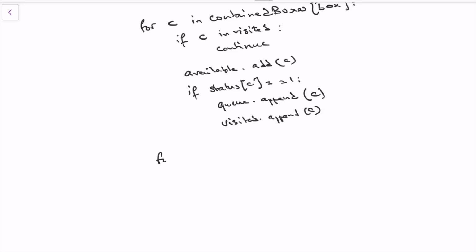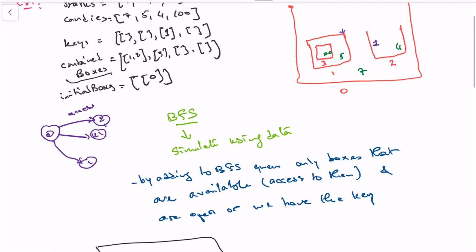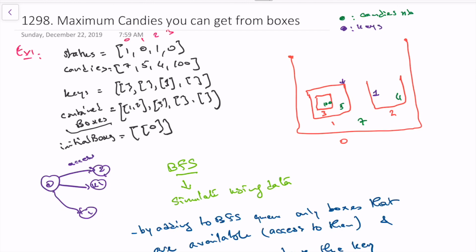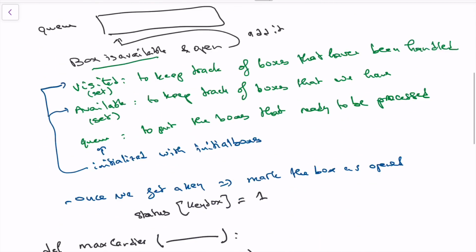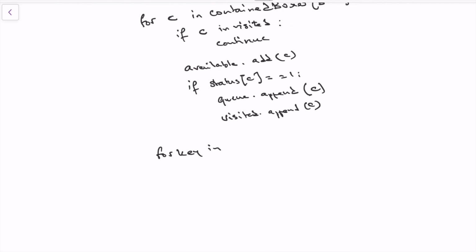And so for every key in the keys for the box, so keys at index box gives me the keys that are in that box, the one that I marked here. And so for key in keys of the box, same thing.